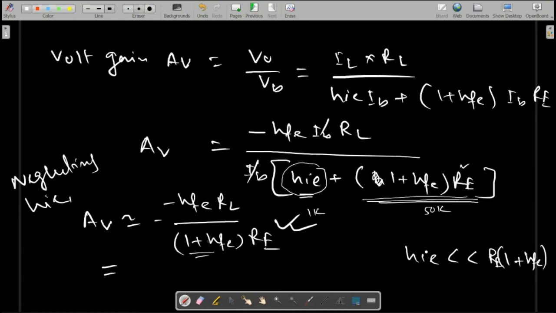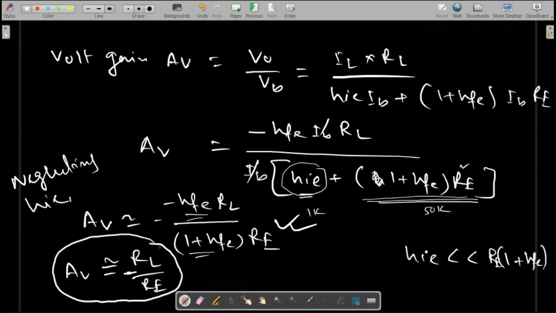What about this and this? 1 plus HFE approximately equals HFE. Yes. Because the HFE value is a large quantity, we can write 1 plus HFE equal to HFE. So then what will be the value of AV? RL by RE. So this one is a very interesting result.